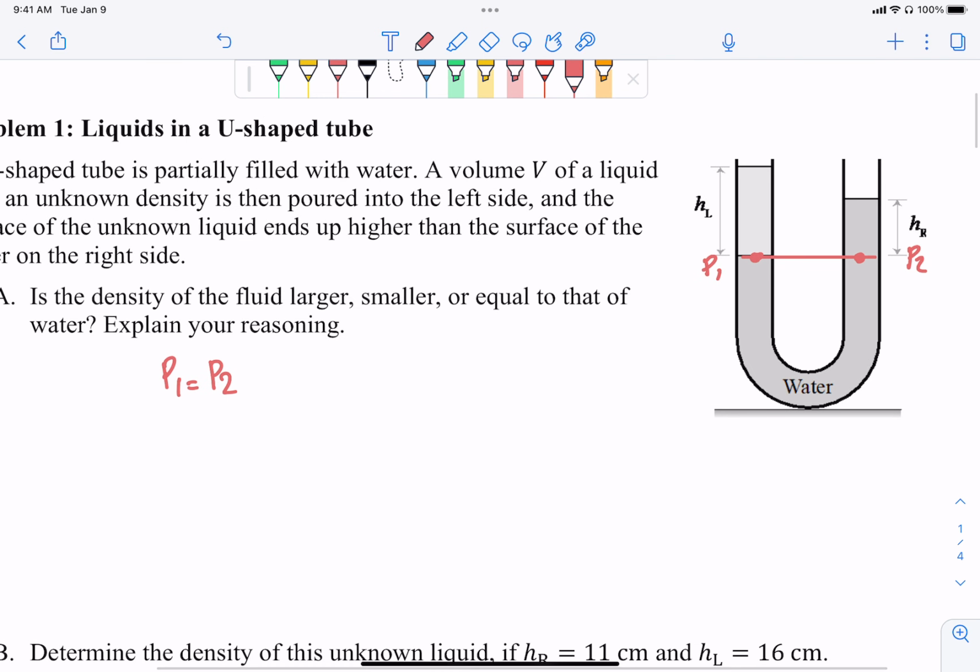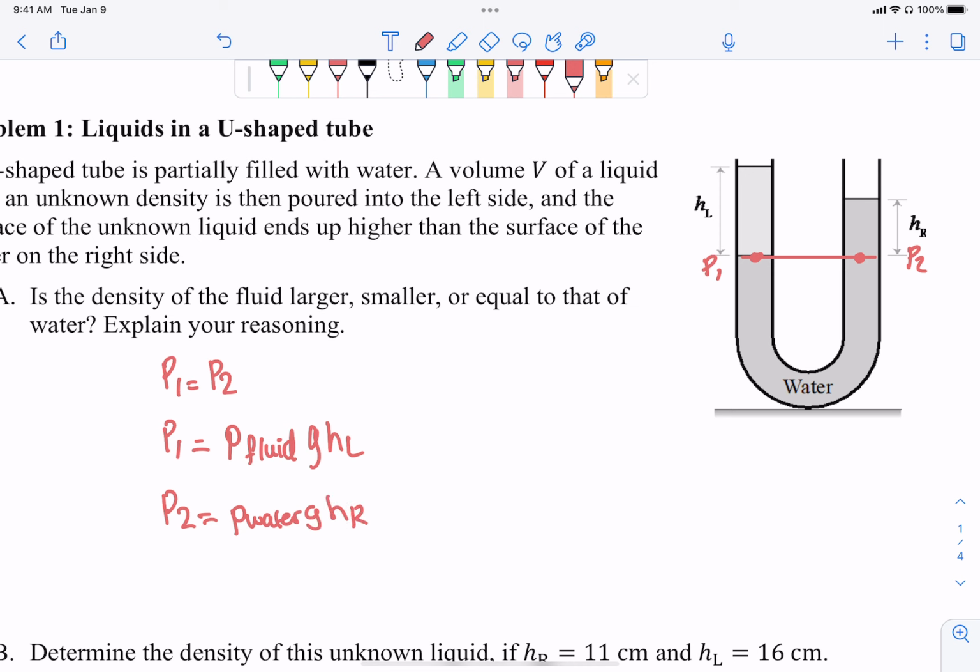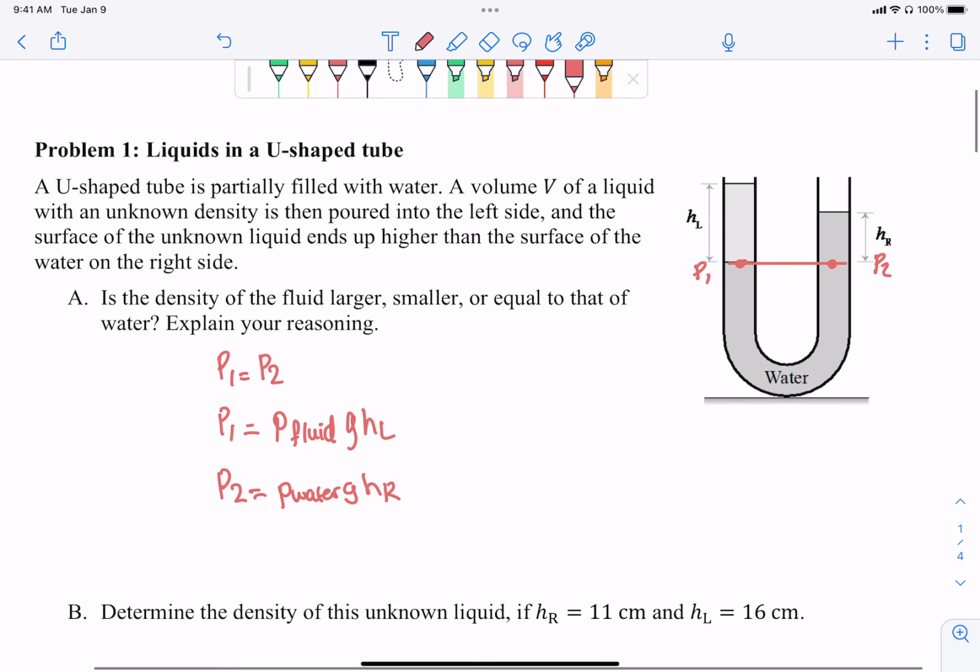And P1 is equal to the density of the fluid times gravity, and then the height L. And P2 would be equal to the density of water times gravity, and also times the height on the right. So HL is height on left, HR is height on the right.